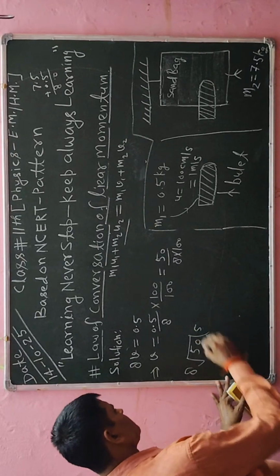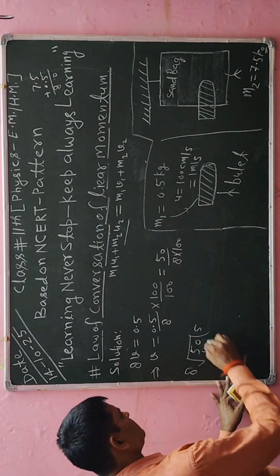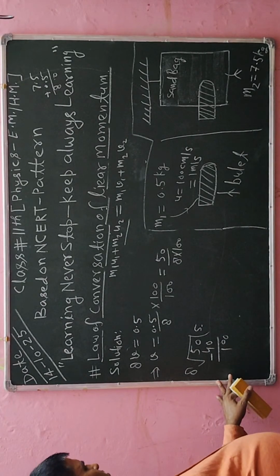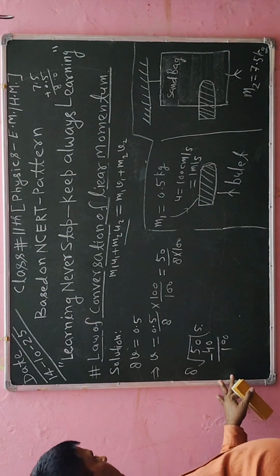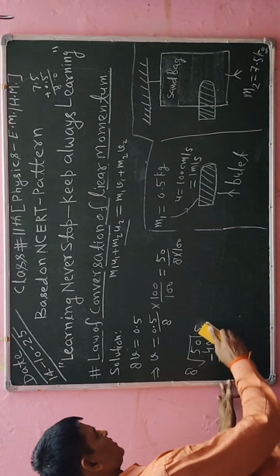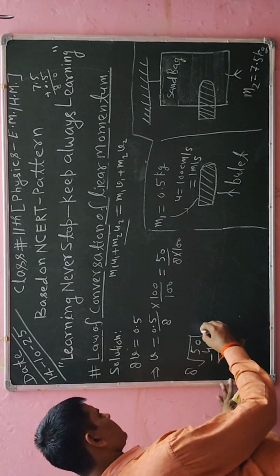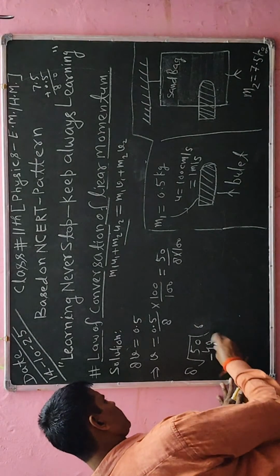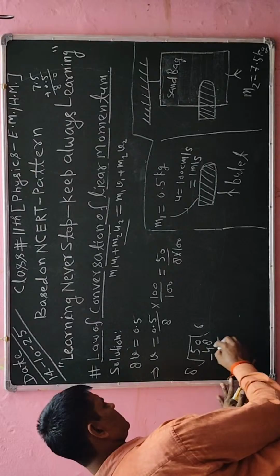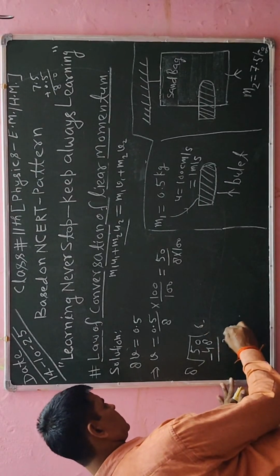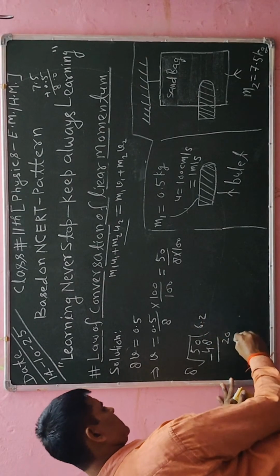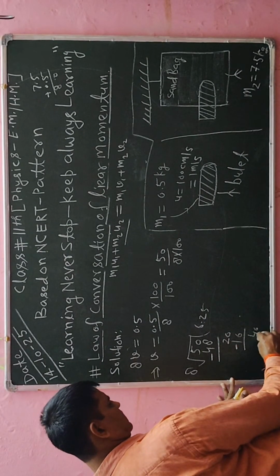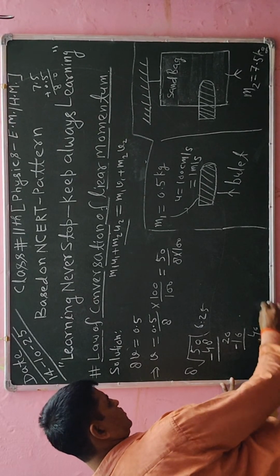So I am going to divide 50 by 8. 8 sixes are 48, so I subtract 50 minus 48, that will be 2, so a 0 comes. Then 8 times 2 is 16, so the carry will be 4. 8 times 5 is 40, so it will be the same.